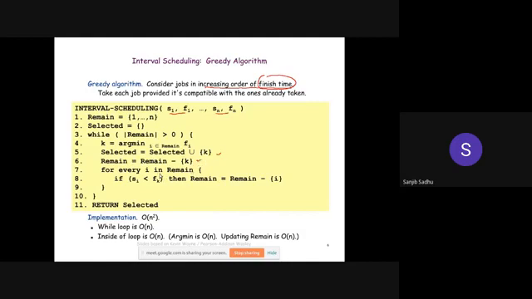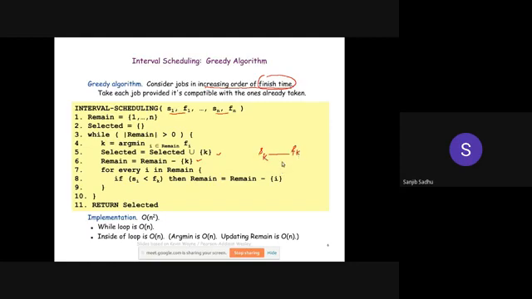Now once I do this, for every I in the remaining, I have selected the kth job. So for every I in the remaining, I have to check if Si is less than the finishing time Fk. This is the Sk and this is the Fk.